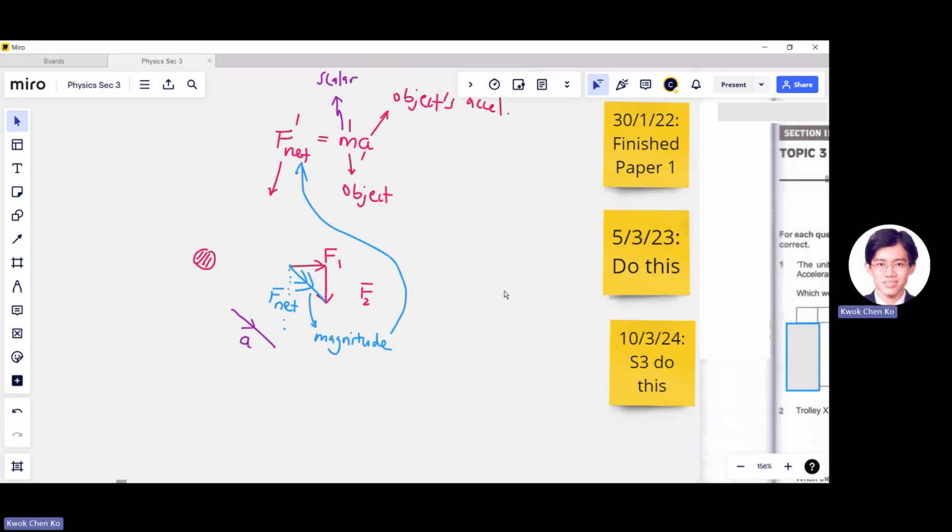Now, in addition to this formula, yes, I said that you only need to know one formula for forces. In addition, it's quite common to involve kinematics with forces, and that particular part is included under acceleration. So it will not be strange to use the formula for acceleration together with the formula for force.